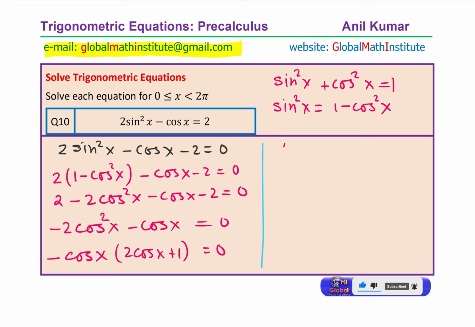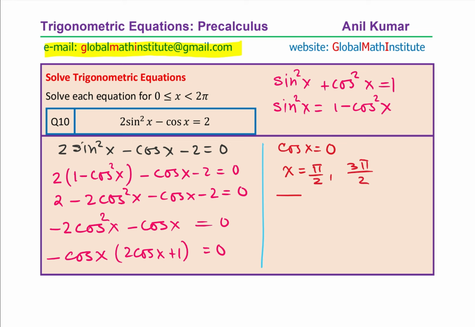So we have one solution for cos x equals 0. That means x is equal to, well, cos x equals 0 means pi by 2 and 3 pi by 2, right? And the other one, we are looking for 2 cos x plus 1 equals 0, right? Or cos x equals minus half.